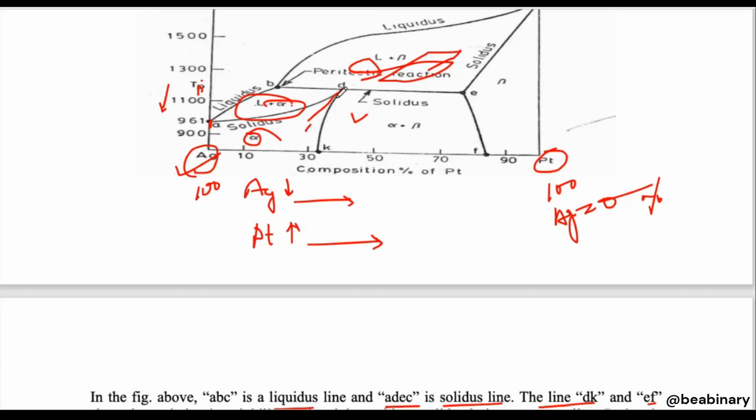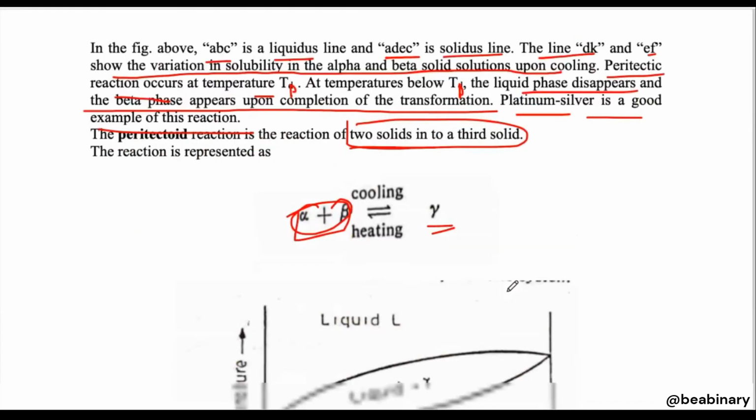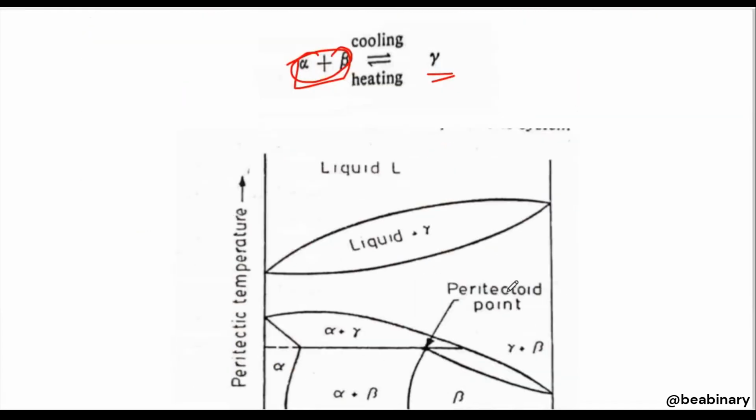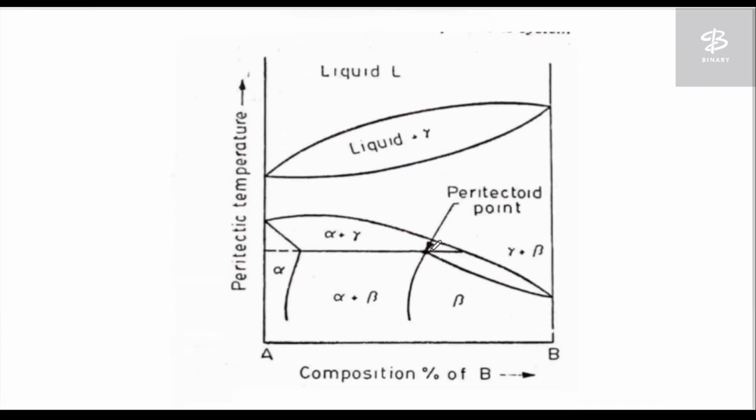You can say two solids convert into one solid. Both reverses of them are possible. Here you can see the peritectoid point. In this diagram, this is your peritectoid point, so this is your peritectoid reaction.